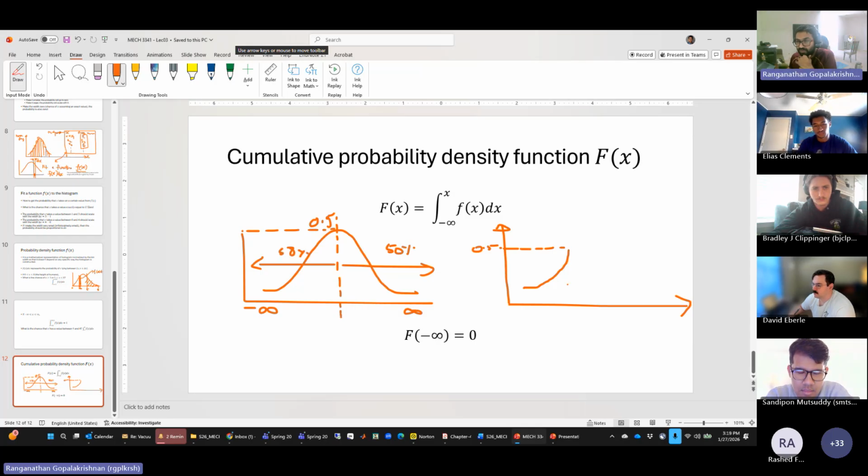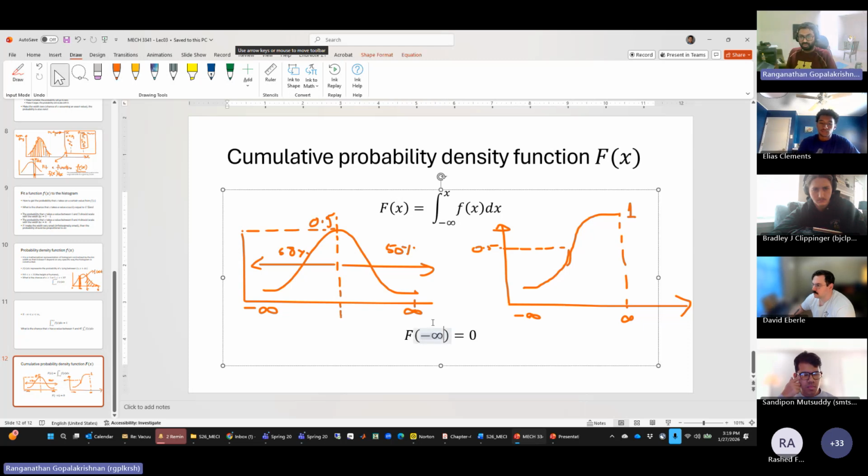So it attains 50% at the median value, continues to increase, and then reaches 1 at this limit. So if you were to write that, what would be F of plus infinity? That would be all possible values, which is 1.